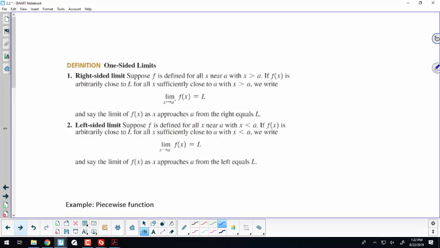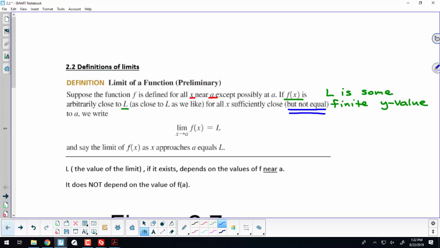Okay, so the idea of a one-sided limit, if you want to go back up here to our first definition, where we defined the limit as x approaches a of f of x equals L, and just maybe somewhere note that this is a two-sided limit.